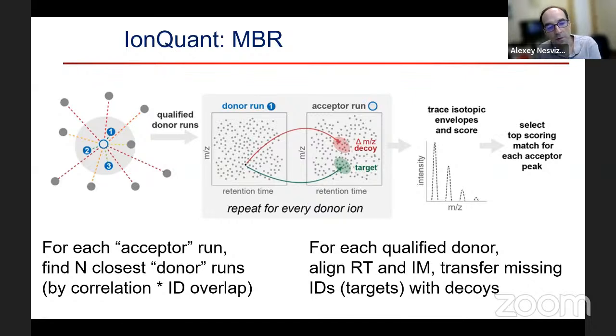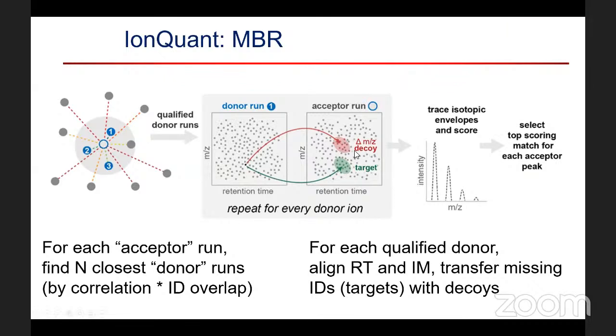We use a neighbor-based alignment, and I want to give a shout out to a tool called MetaMorpheus. MetaMorpheus has FlashLFQ, which had a very good idea for doing this neighbor-based alignment, and we implemented that, and it works really great.